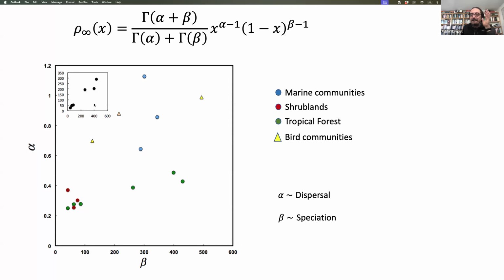So it was amazing. He never showed that the world should be a gamma, but then people have shown repeatedly that the gamma shows up. That's when you work with number of individuals.